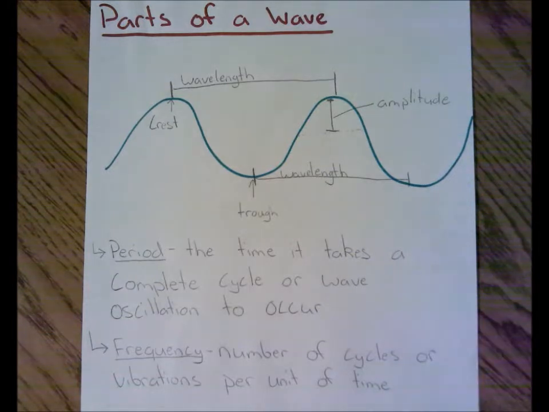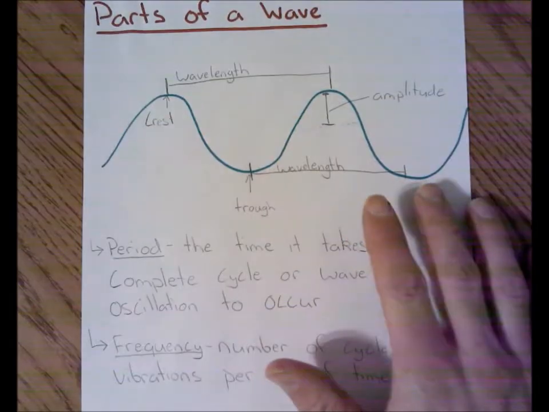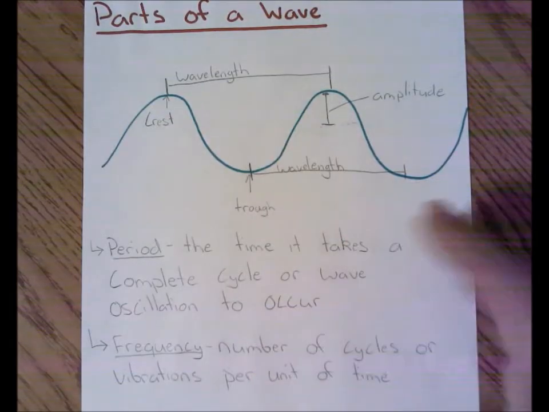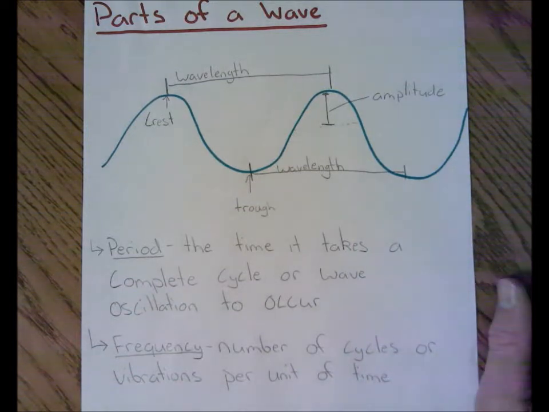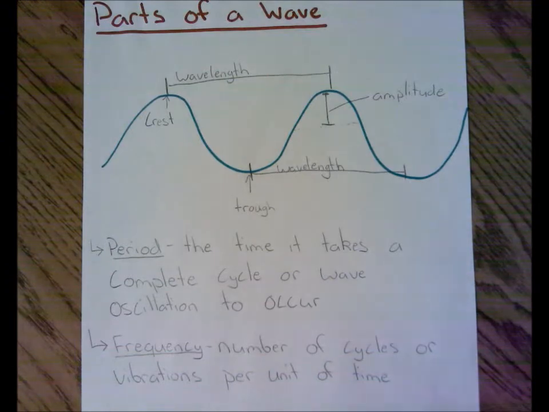Now, like I said, this picture right here is of a transverse wave. We will draw this again, and then we'll also talk about a longitudinal wave here in a few moments. But now before we get into those details, let's get into a little bit of detail on how a wave moves.